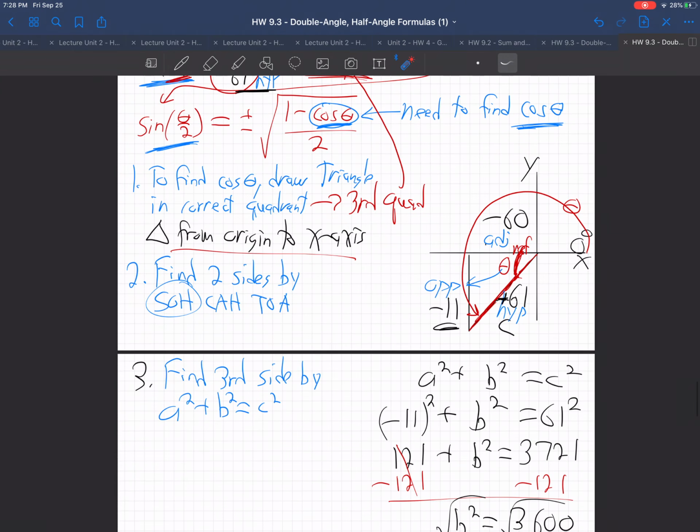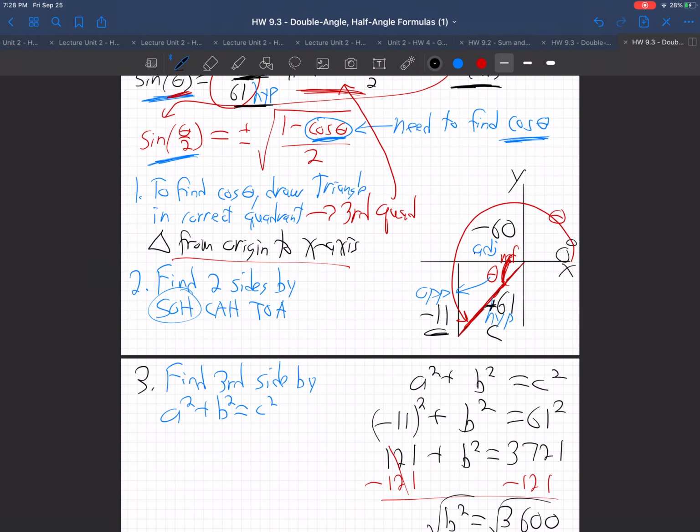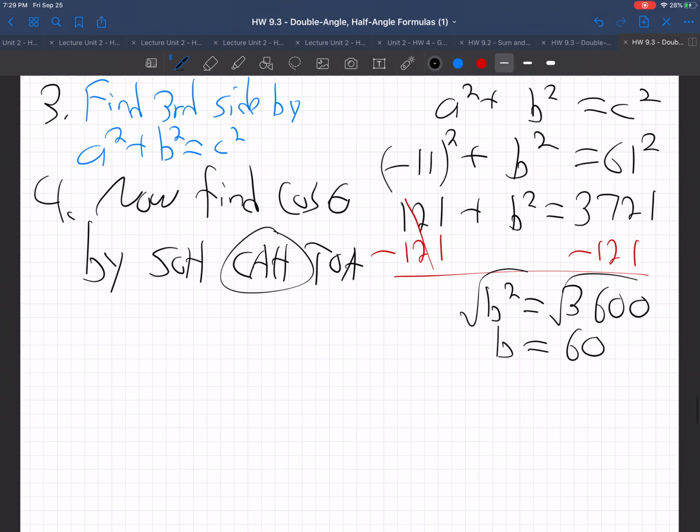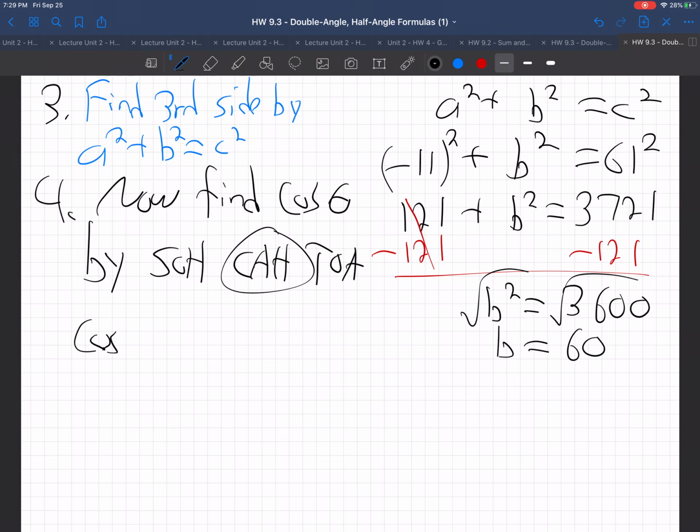Now we're almost there. What are we trying to do? All of this work is because we're trying to find cosine of theta. So now, find cos of theta by the SOHCAHTOA. Cosine is adjacent over hypotenuse, right? So cosine of theta, adjacent over hypotenuse.